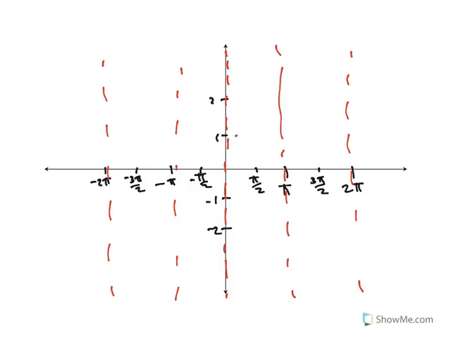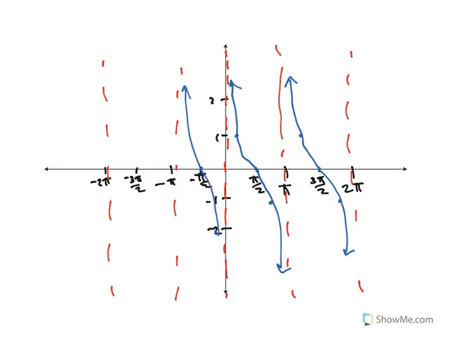So that's here. And then at 3 pi over 4, we're at negative 1. So it's going to go up and it's going to go down. And then at 5 pi over 4, we're at 1. And at 7 pi over 4, we're at negative 1. So again, we're going to go this way. All right, so you can see how it looks just a little bit different.